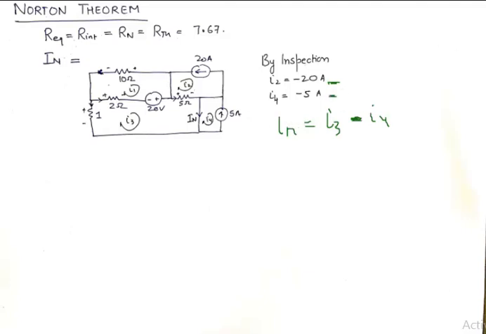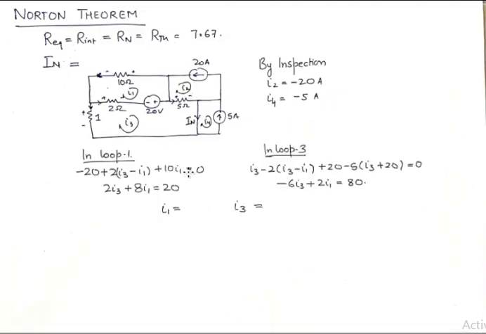Finding I1 and I3 will not be difficult now, because the equation for loop 1 will become 20 volts and the voltage drop at 2, voltage drop at 10 equivalent to 0, and over here voltage drop at 1, voltage drop at 2, voltage drop of the voltage source itself, and then voltage drop at 5. So the only term which is missing is this 10 ohm resistor voltage drop.